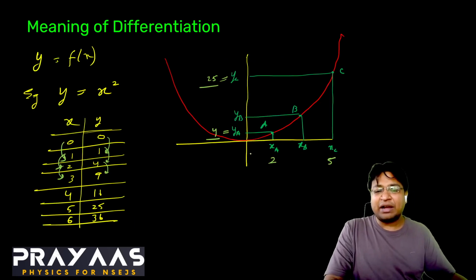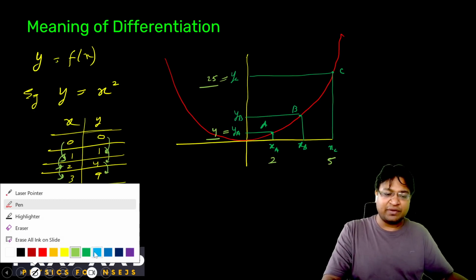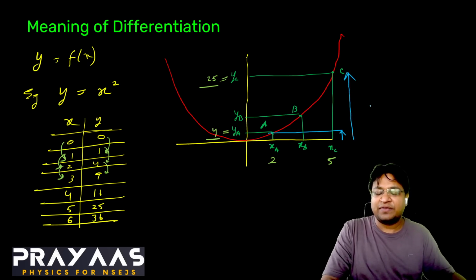In the graph, let's see what this amounts to. Understand this, guys. This height is 4. This coordinate is 4. Similarly, this entire height is 25. So this height, from here to here, is actually the difference. This is delta y.